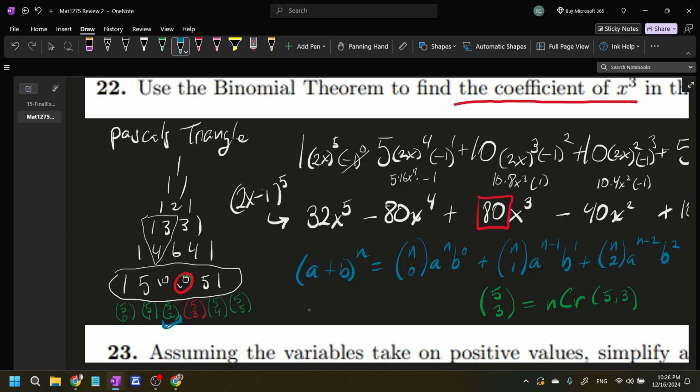So we got 5 choose 2, which was 10, times 2x to the third power, which is 10 times 8 times x cubed, which is where we got 80. So you can do this a little bit faster if you know what to look for in your calculator. All right, next.